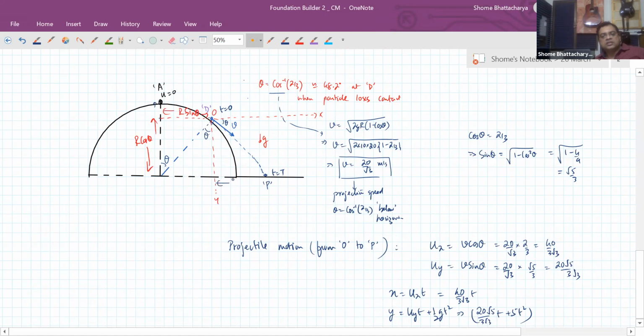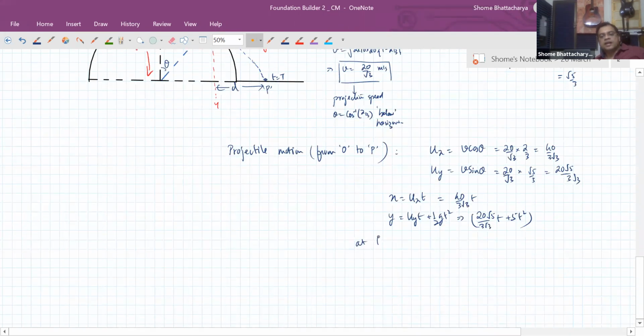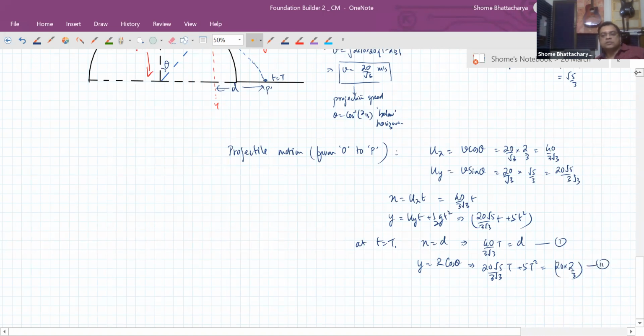So if this distance is now d, then we can see that at time t equal to capital T, x is equal to d, and y is equal to r cos theta. So this is our second equation.